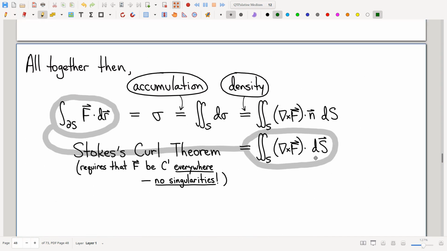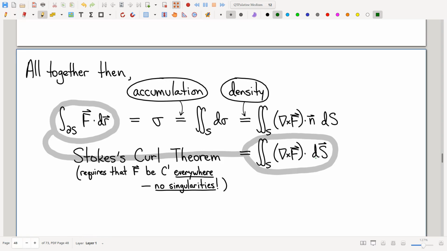Let's go back up here for just a quick second. Remember, our density is curl dot n. If you want to know stuff, it's density times size. So it's density in that sense. So this is what we would call a scalar density because we have a scalar quantity and a scalar size.